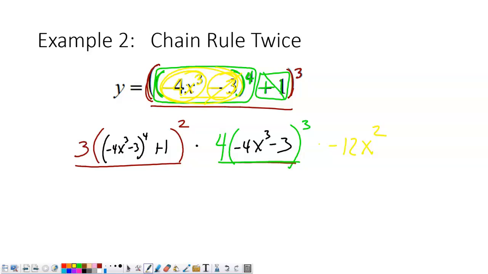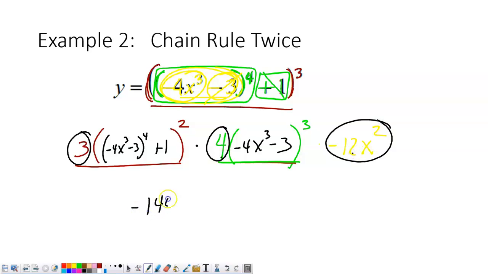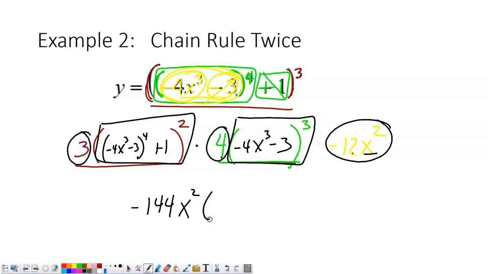Okay, so what we're going to be doing is putting all these little monomial coefficients here together. So we're going to do 3 times 4 is 12, times negative 12 is negative 144, and then the x squared here goes with that. And then the binomial sets will follow.